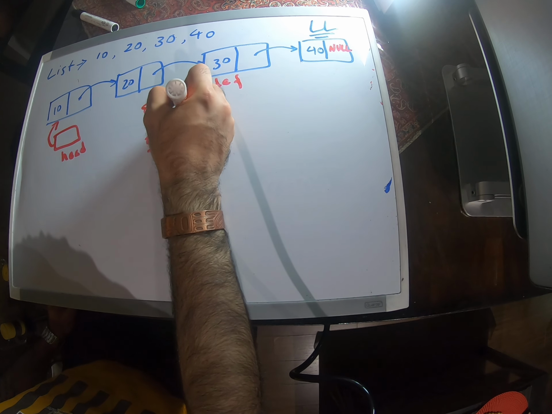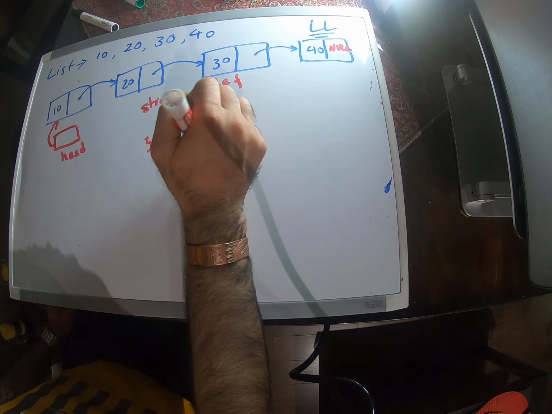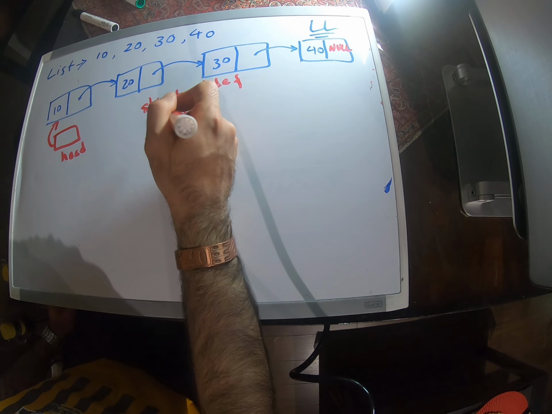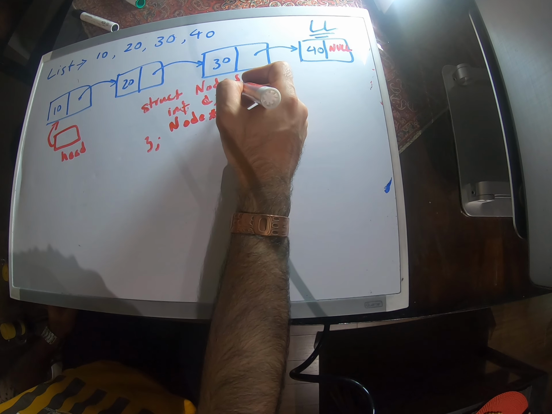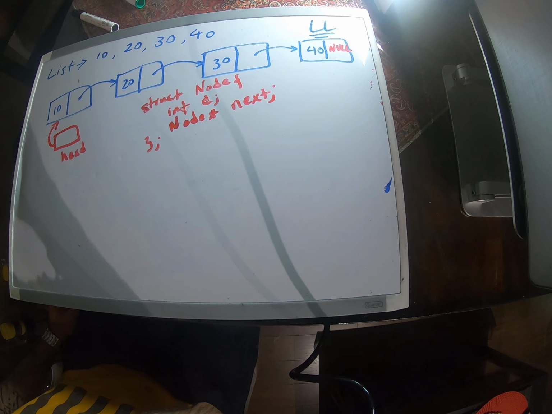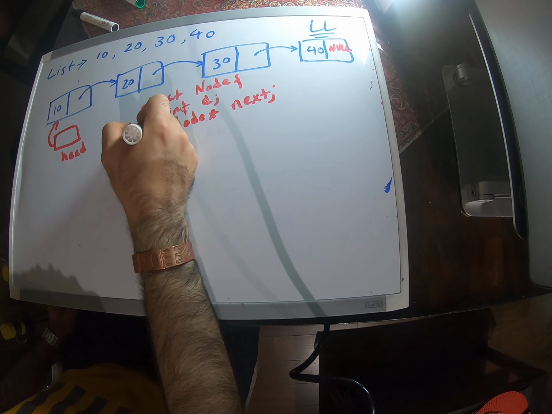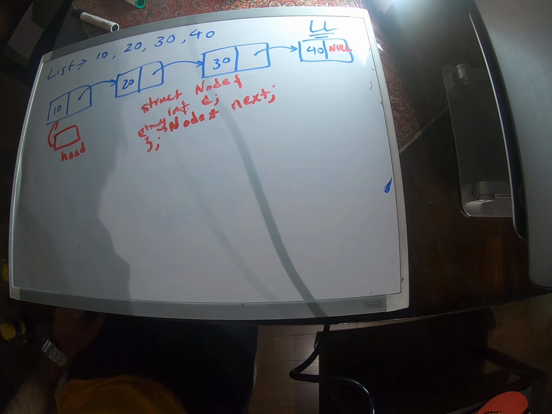It has an integer data, and it also has node star, let's call it next. Some people also like to put a struct here, but that's not needed.